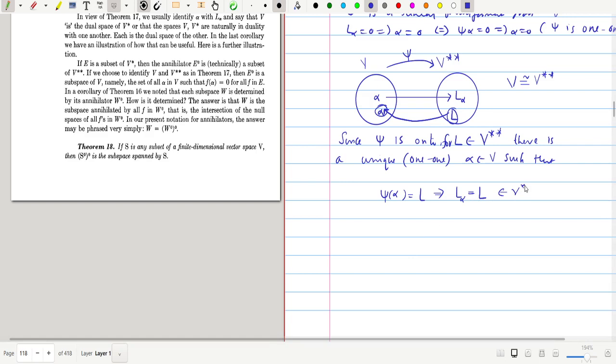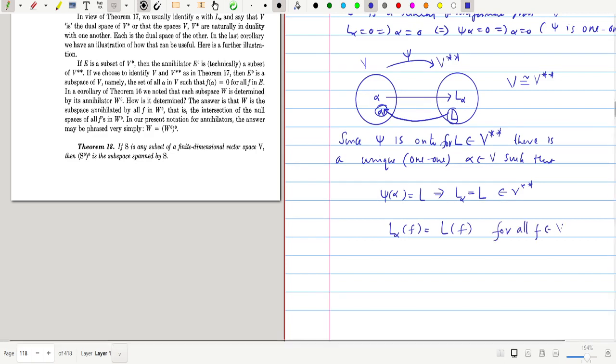These are elements of V double star, and you can consider L alpha and L as functions from V star to F. So this is true: L alpha of f is equal to L of f for all f belonging to V star, because these functions are from V star to F. In order to get the equality of two functions, they must coincide at every point of the domain.